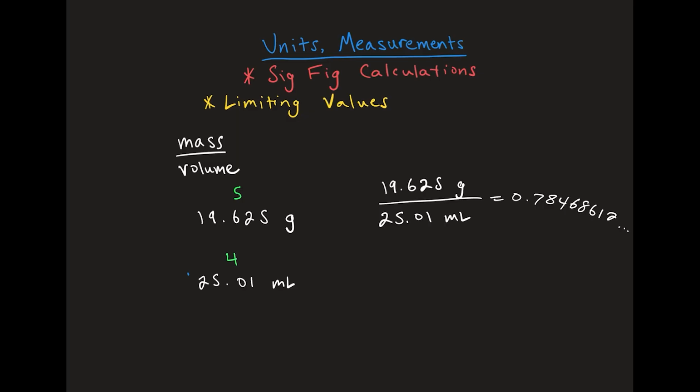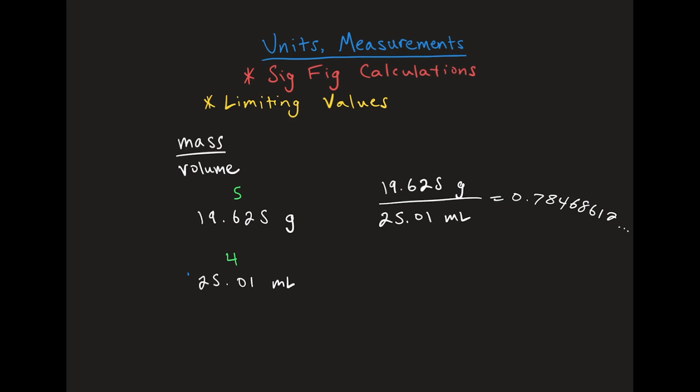In a lab report or any formal assignment, we cannot report this exact long decimal, because doing so would assume that these 2 measurements are perfectly accurate, and that, for example, we could keep adding zeros to them. But of course, no instrument of measurement is perfectly accurate, and therefore these measurements are only as accurate as the amount of significant figures they have. So the one with the least number of sig figs will limit the accuracy that we are able to report with certainty in our final answer.